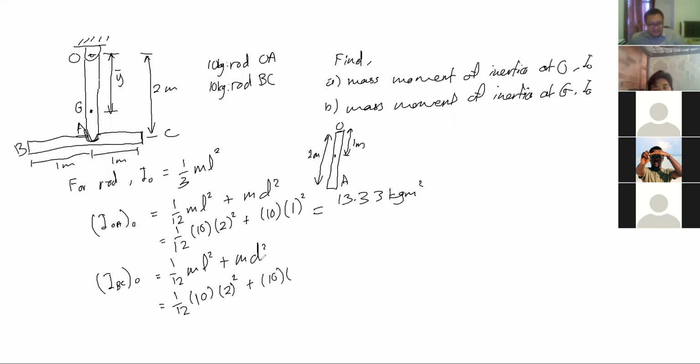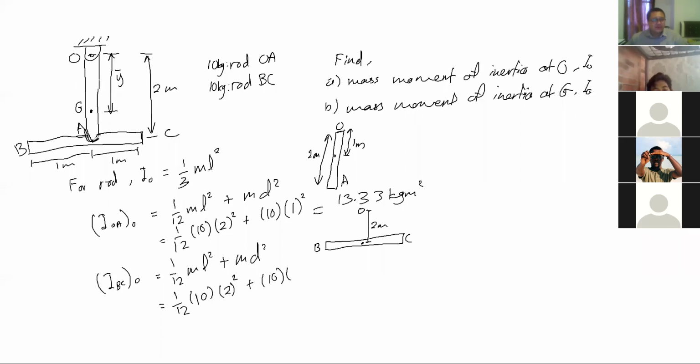Okay, D is again, if this is your rod BC and the centroid is here, at the center. So point O is somewhere up there, and the distance from the center here to this one is 2 meter, right?